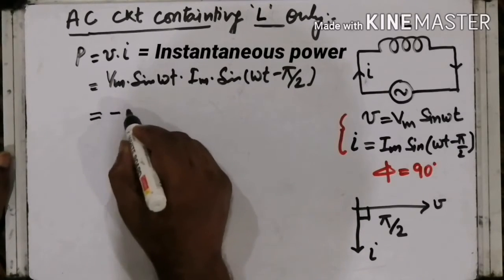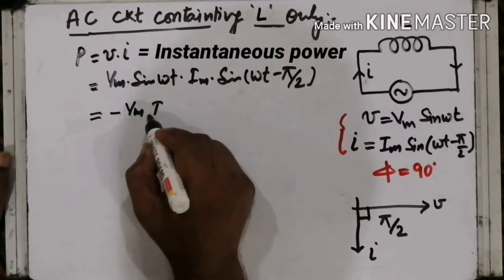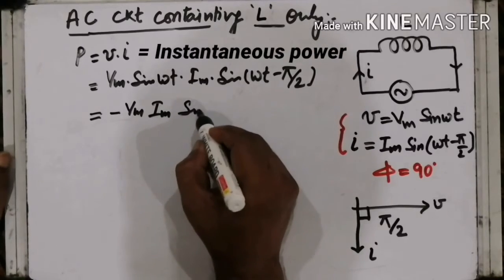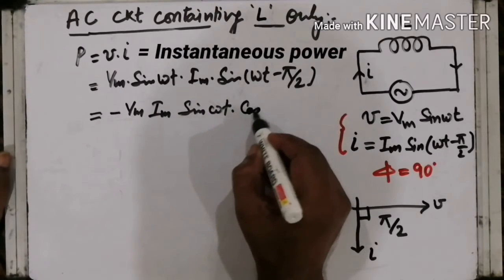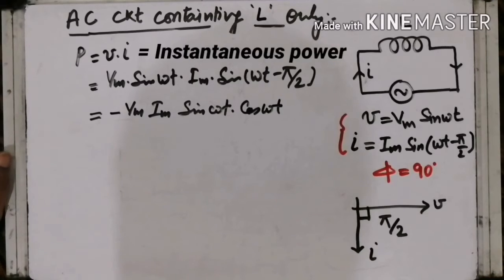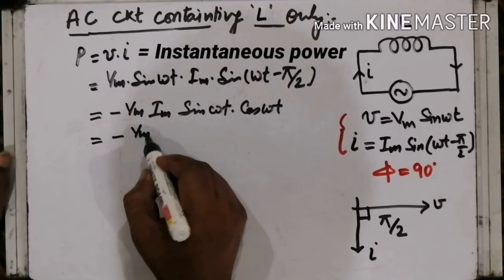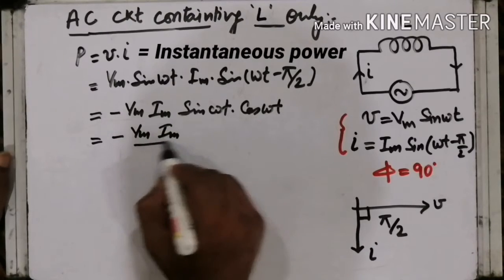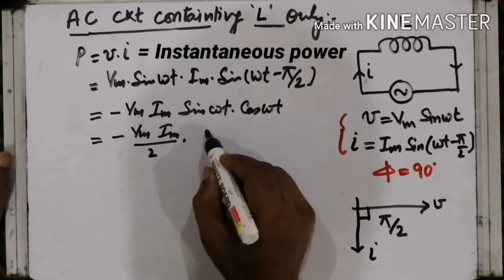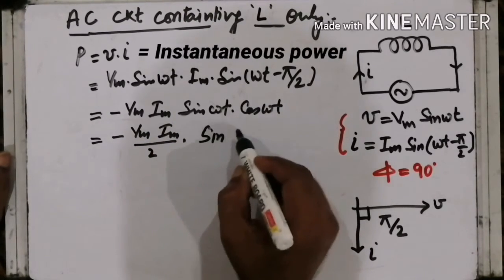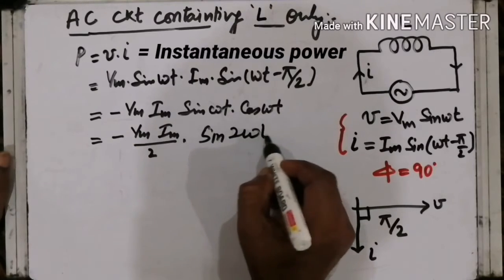It becomes minus Vm Im sine omega t into cos omega t, right? Which is nothing but minus Vm Im divided by 2 into sine 2 omega t.